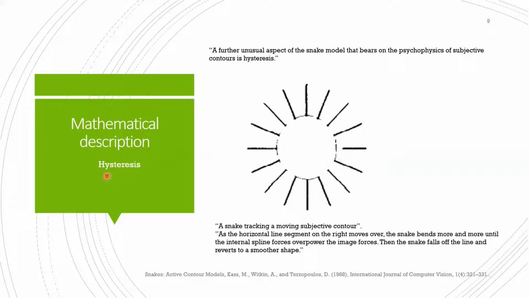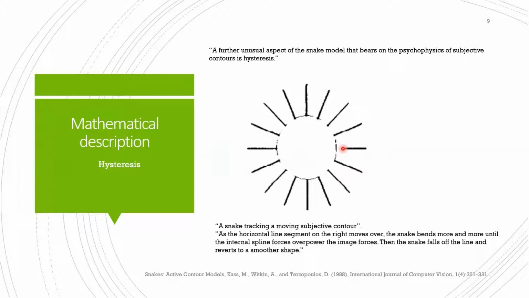This is called hysteresis. It's like it is keeping history. From there, this term is coming, hysteresis. This is happening because initially when the snake was in equilibrium and this line was here, after that, when we are moving the line, if the snake is stuck with that portion of the image, there is no additional image force applied on the snake.